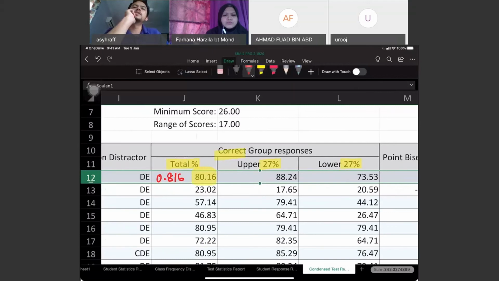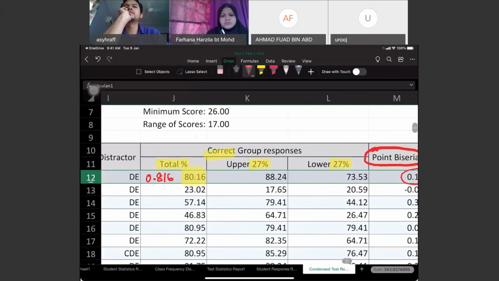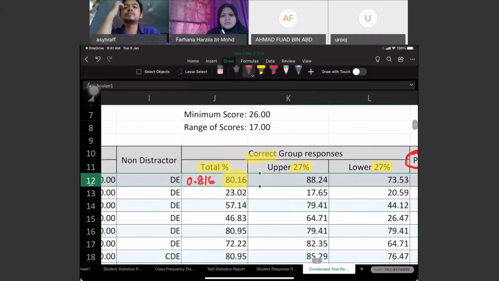And it says there point biserial. This is the discrimination index. So 0.1 is quite low. Why? Now you know among this 80% of candidates, both can answer.